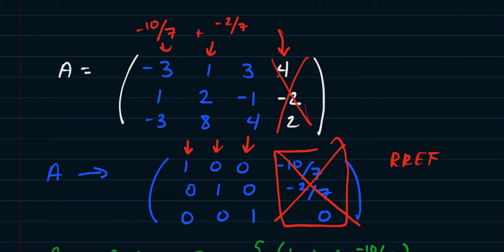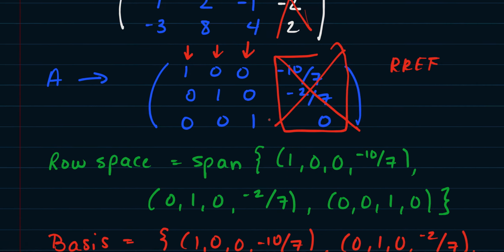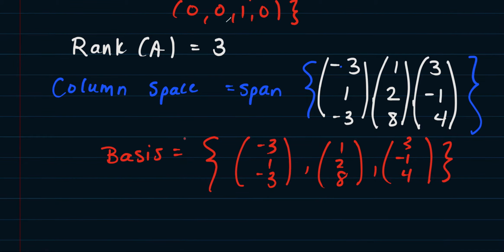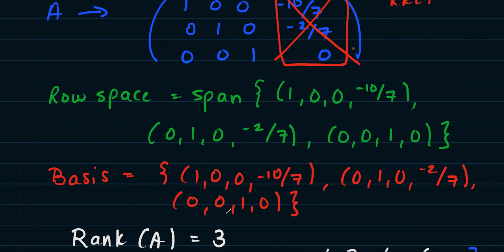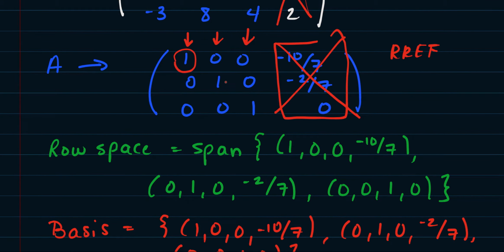You can check and see, and you should get this column. So we have a basis for the column space, a basis for the row space, and we have the rank of the matrix, which is 3, which is equal to the number of vectors in the basis of the row space, or the number of basis vectors in the column space, or you could just say the number of pivots in the reduced row echelon form of the matrix.